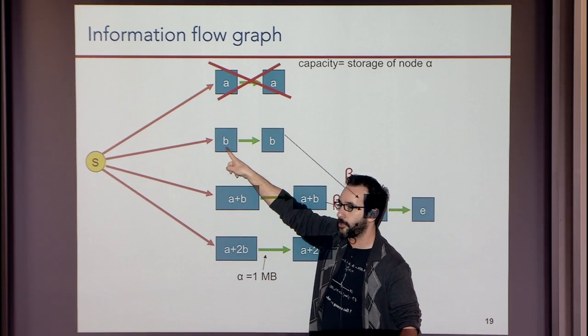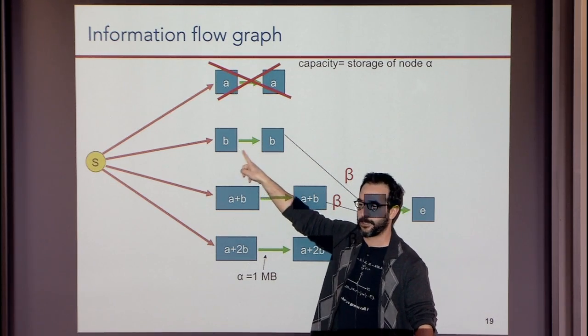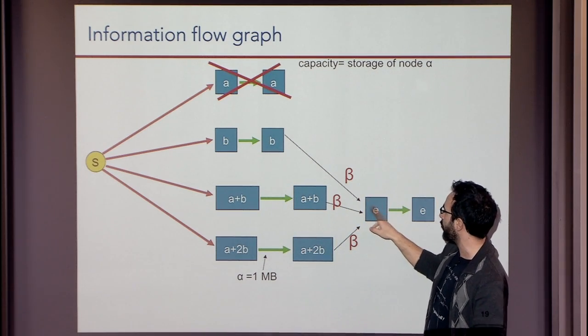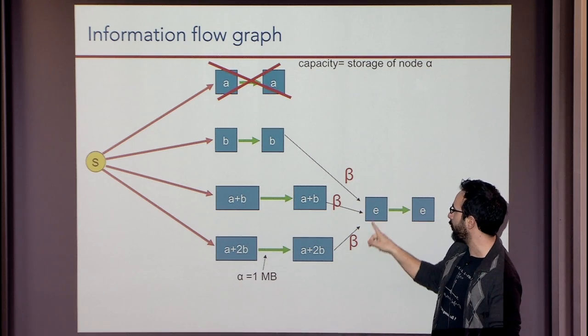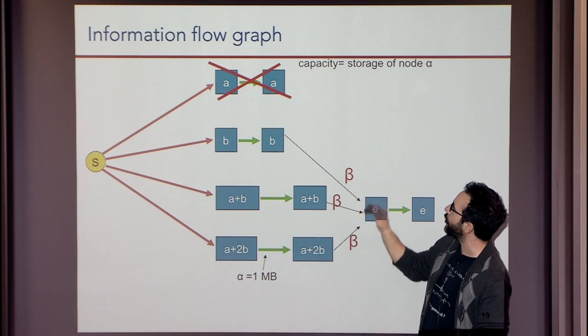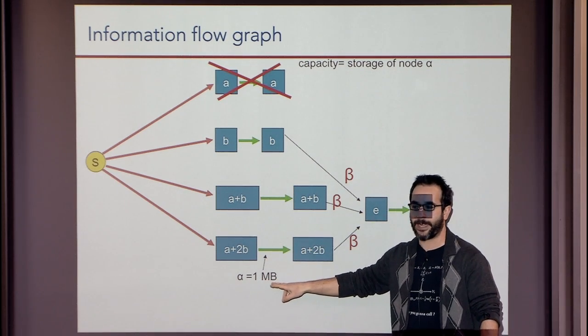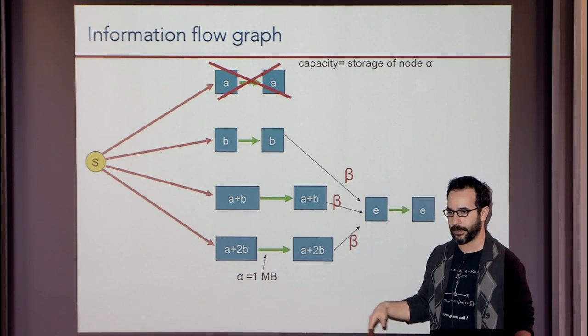So this is the storage node today, this is the storage node tomorrow, and this link here represents storage. And then I said, well, this newcomer communicated with the three surviving nodes and downloaded beta bits from each. That's fine. The capacity here is 1, so say 1 megabyte, I mean 1 symbol. Just think of it that way.